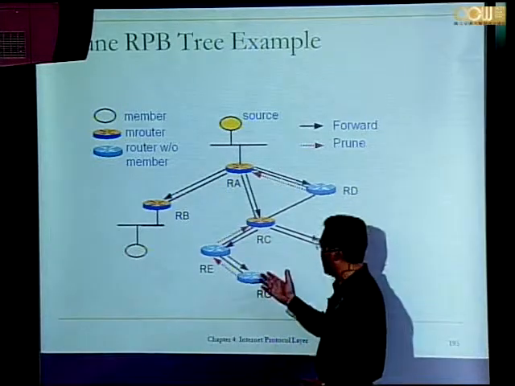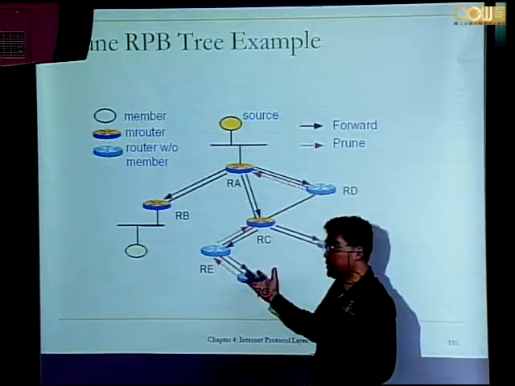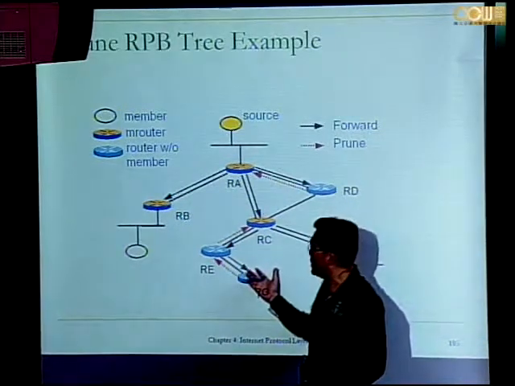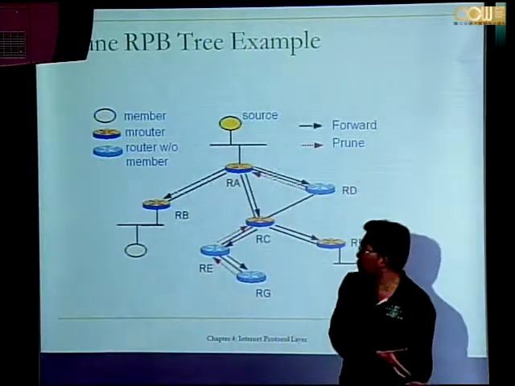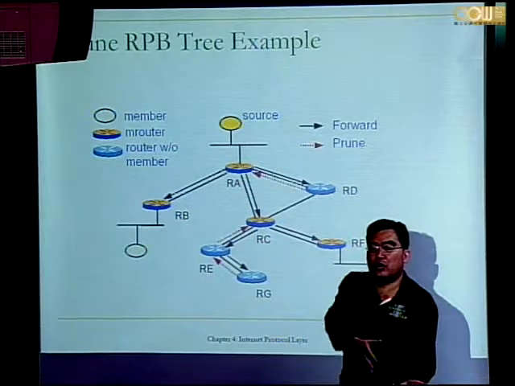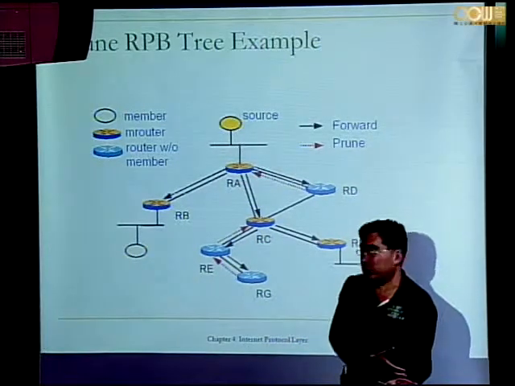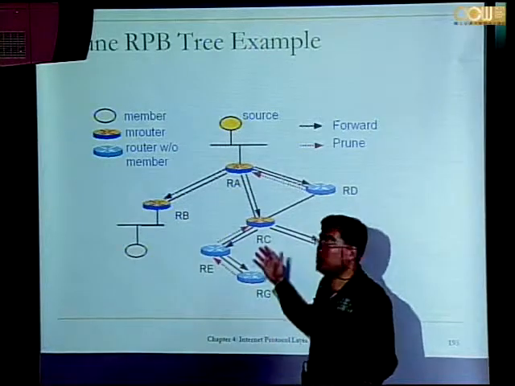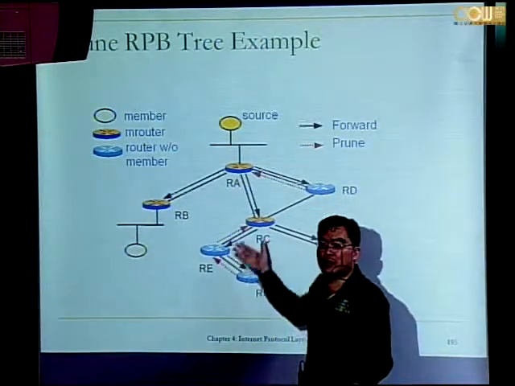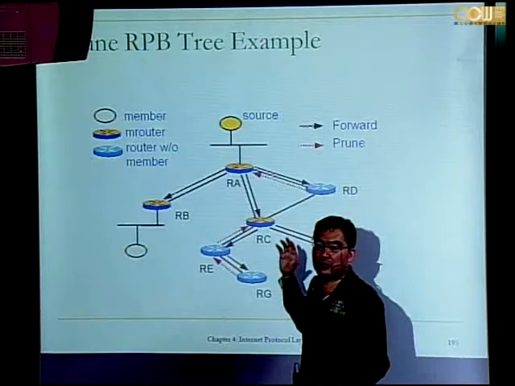So I take the destination IP address, which is a class D address, to check my membership list, and I see none belonging to this particular class D address. So I know that my upstream router is sending me something redundant.